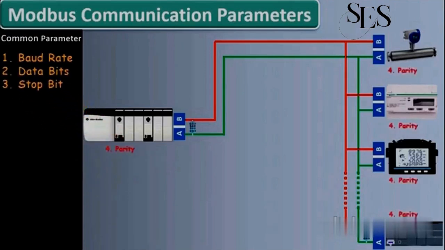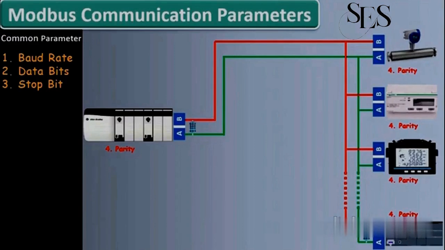The fourth common parameter in RS485 communication is the parity. All the devices in the same RS485 network must have the same parity. Parity is also a sort of error checking.